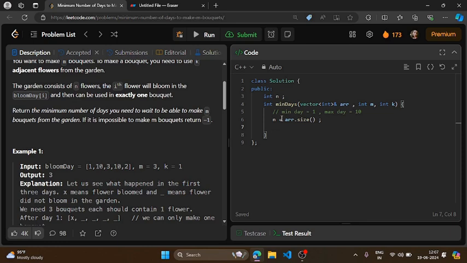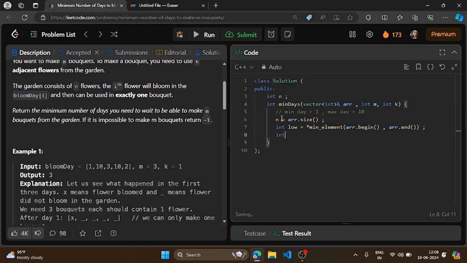For low and high, let us say my low is the minimum possible day which is there in my bloom day array, right? So this will be the minimum element in my array, which I can find with the help of the min element function.